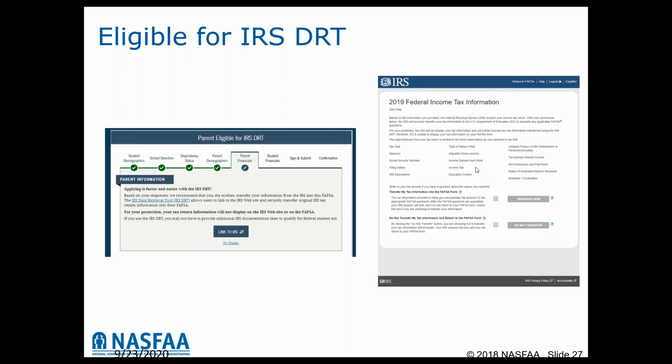This is what the screen will look like. You will click transfer now. You will approve it, and then it will take you back to the FAFSA, and you will now see, for example, where it asks for 2019 adjusted gross income. That field will be populated with, I believe, X's. You will not actually see the dollar figures, and that's how you know that it pulled the information over.